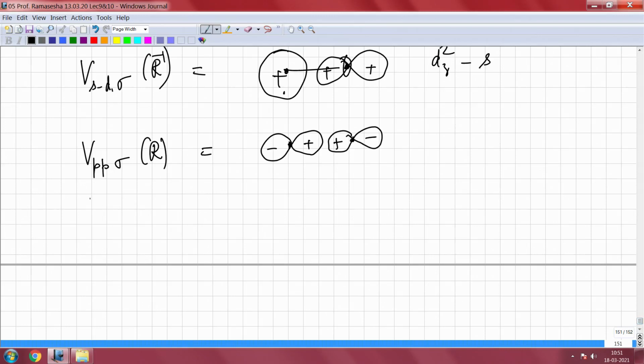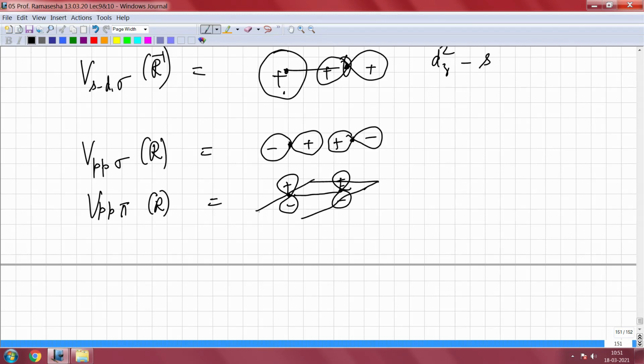And then I can have VPP pi of r, where there is a pi p orbital here and a pi p orbital here, and they have an overlap. This is different from the sigma orbital because you have a nodal plane passing through the internuclear axis. If you are looking at the internuclear axis, then you have a nodal plane there. So this is the pi overlap, the PP pi overlap.